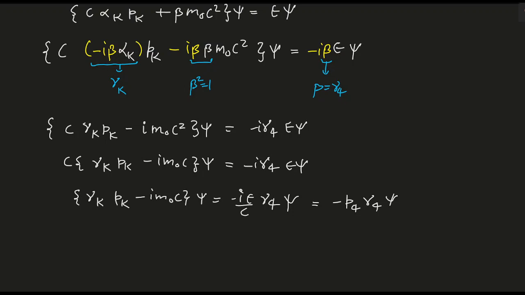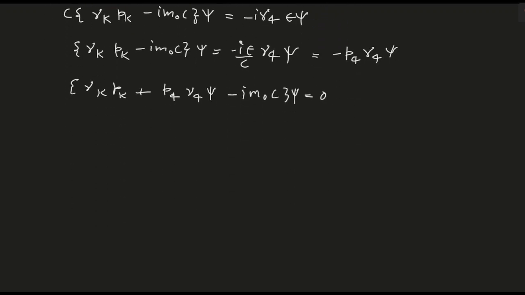So you can club these two. First let me bring that to this side. It is P4 gamma 4 psi minus i m naught c psi is equal to 0.